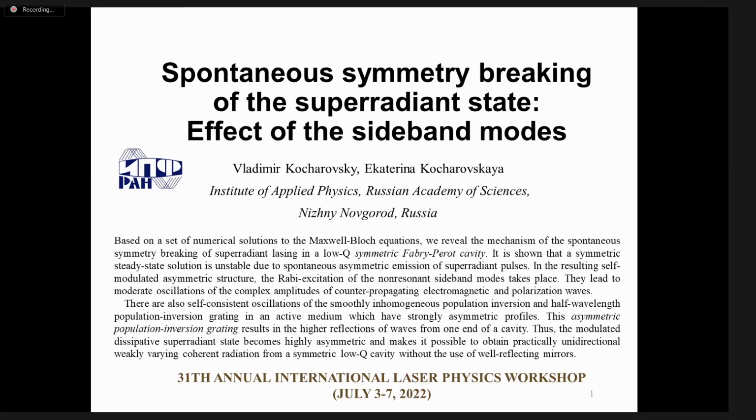And this half-wavelength gradient appears to be very asymmetric, so that the effective reflection of waves from one side of a cavity becomes much stronger than the reflection from the other side in the low-Q cavity. And so the explanation of spontaneous symmetry breaking contains these two phenomena. Let me describe the situation in more detail.